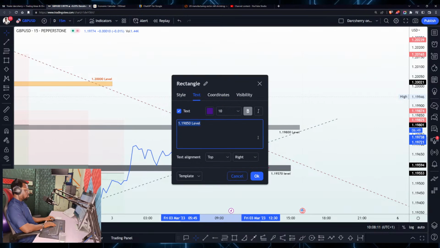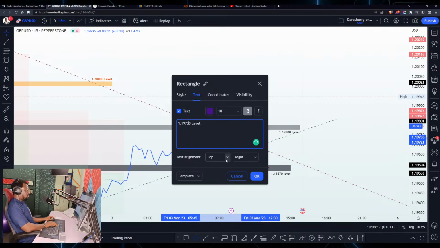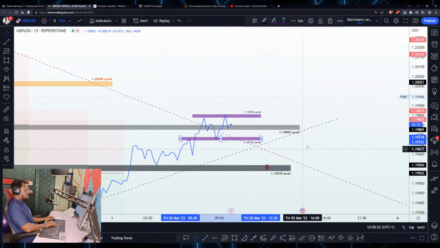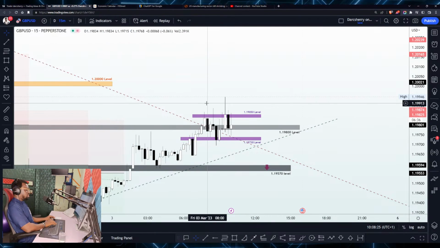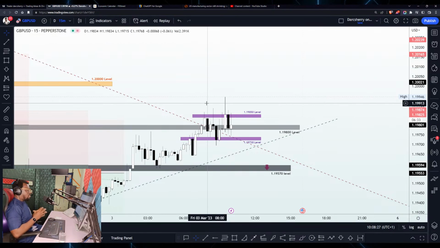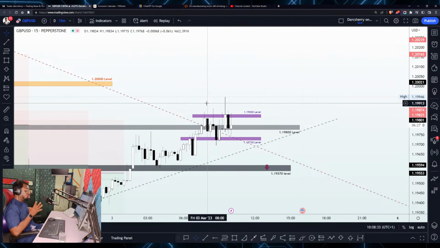Okay, so 1.19730 level is at the bottom right hand side. So we have a beautiful channel. So we can see price is trapped within a channel right now, just around that major confluence at the 1.198 level, which shares a confluence with our bearish trend line.